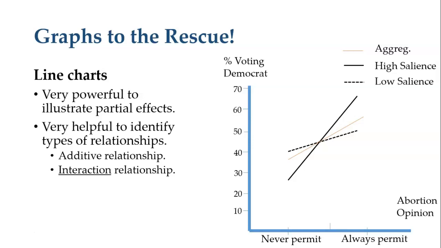But when we control for salience, we can see that for people for whom this topic is not very salient, the relationship between abortion opinion and party ID tends to be weaker than for the people who think that this topic is very important. For those people, the relationship is very strong. For that reason, what we have here is an interaction relationship. Okay?